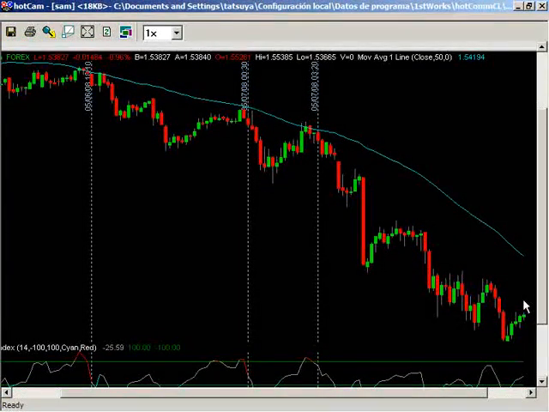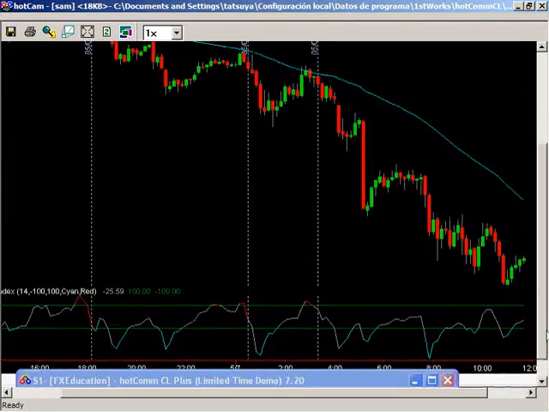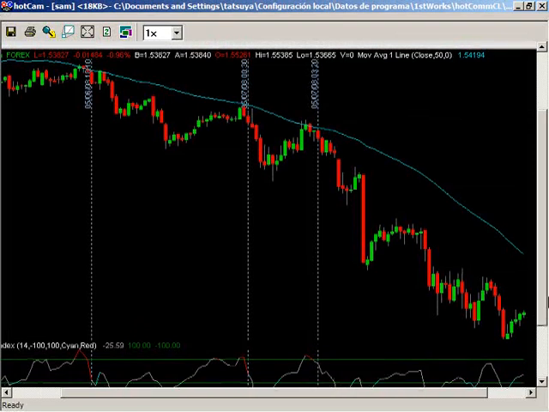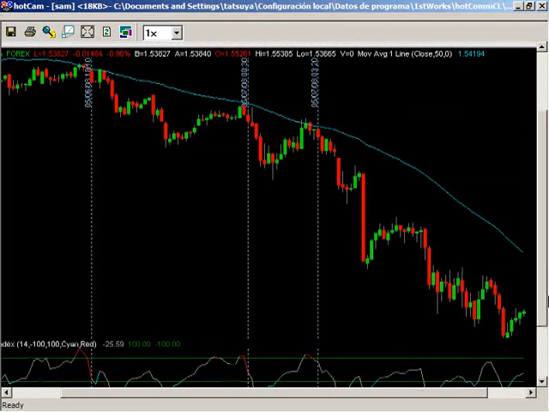Now you can see, if you look at my vertical line and look down at the CCI part, it looks like I'm shifting it over to the right, where maybe you might think I should move it over to the left just 1 bar. But I'm giving you the reality version of trading.